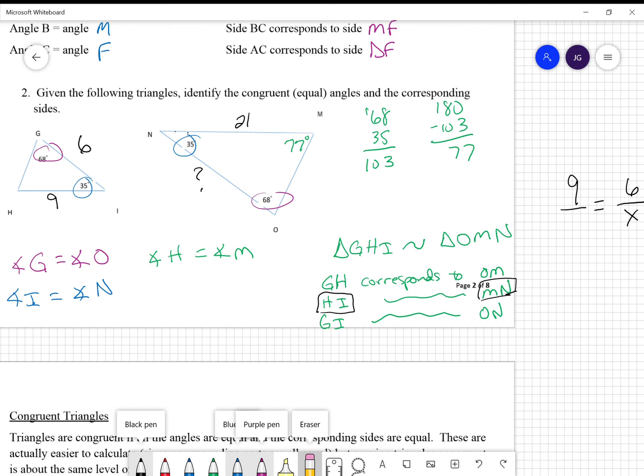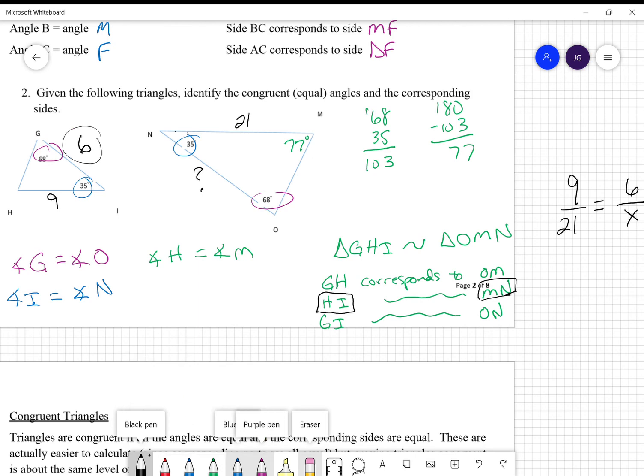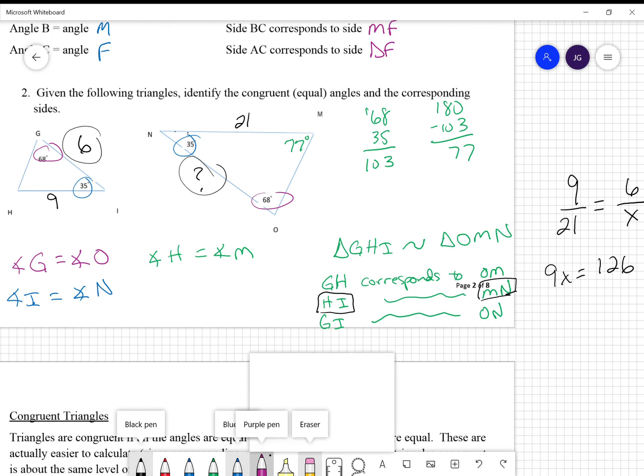HI corresponds to MN, so 9 over 21. Then I go back to my smaller triangle, and I've got 6, which is GI, corresponds to ON, and now I cross multiply. 9 times X equals 6 times 21, and then divide by 9. X equals 14.